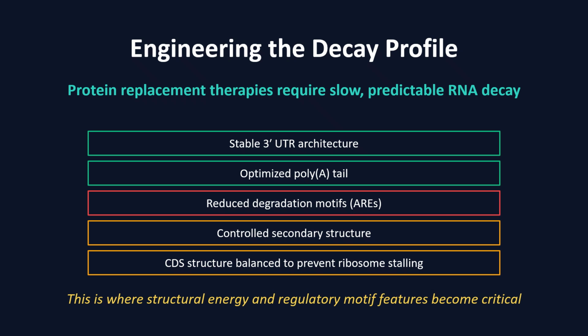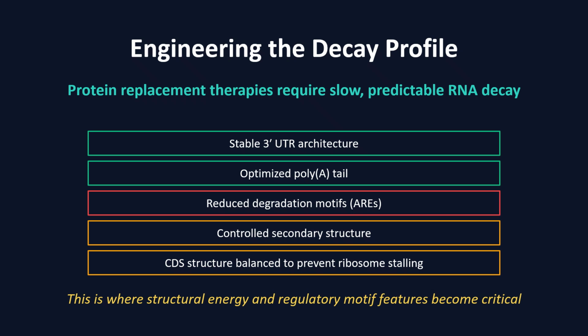It has a bunch of binding sites that either stabilize the transcript or recruit degradation machinery. Poly A tail length is also important. Longer and more uniform tails generally slow deadenylation and extend functional lifetime.